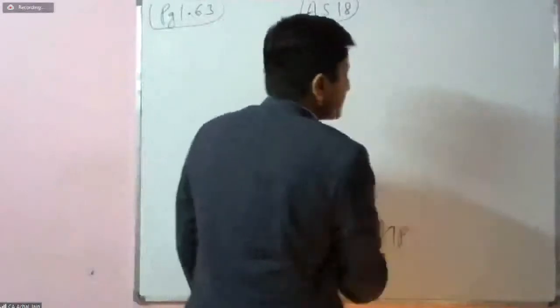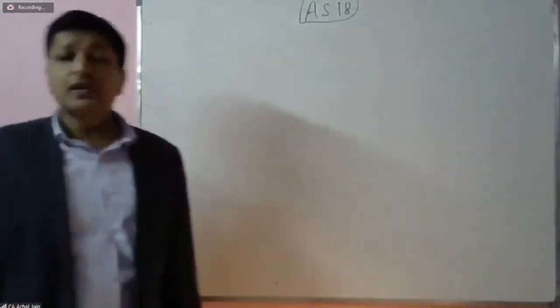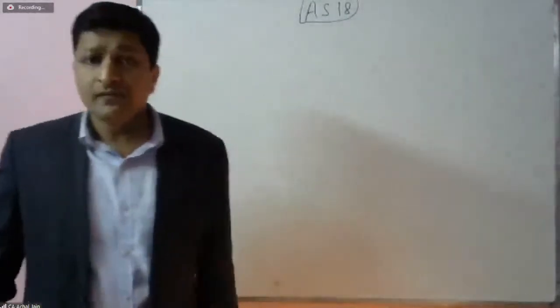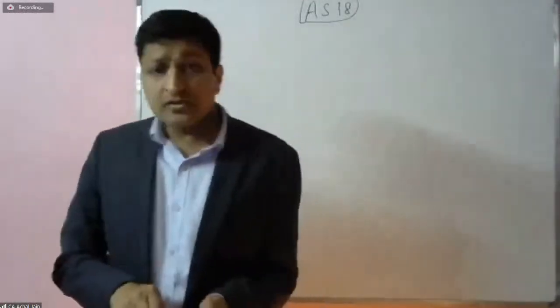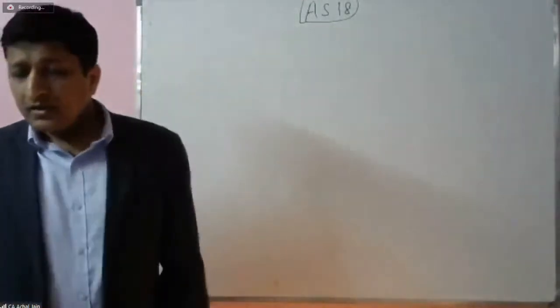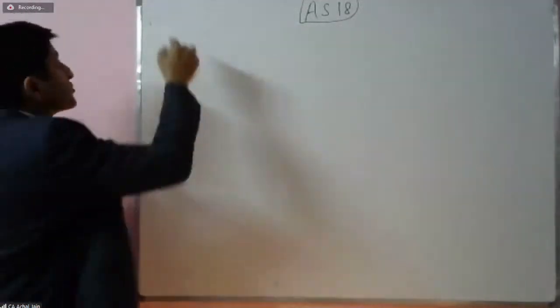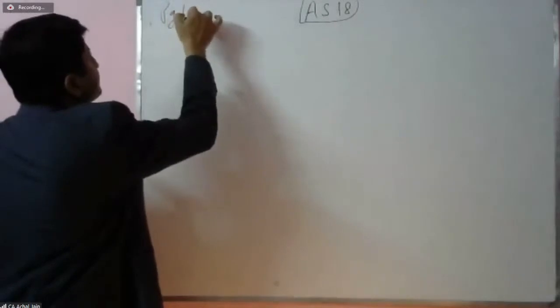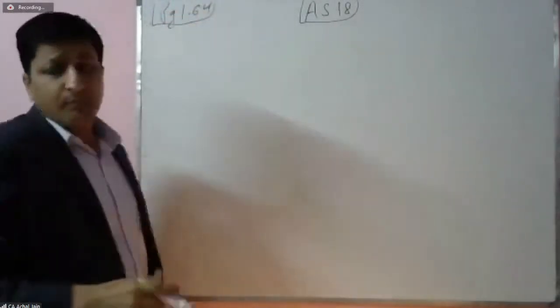Now, we have understood the importance of this standard. Now we need to understand about the related parties first of all, because till the time we are not aware of the related parties, we will not be able to give the disclosure. So the next step is to know which parties will be considered as related parties.